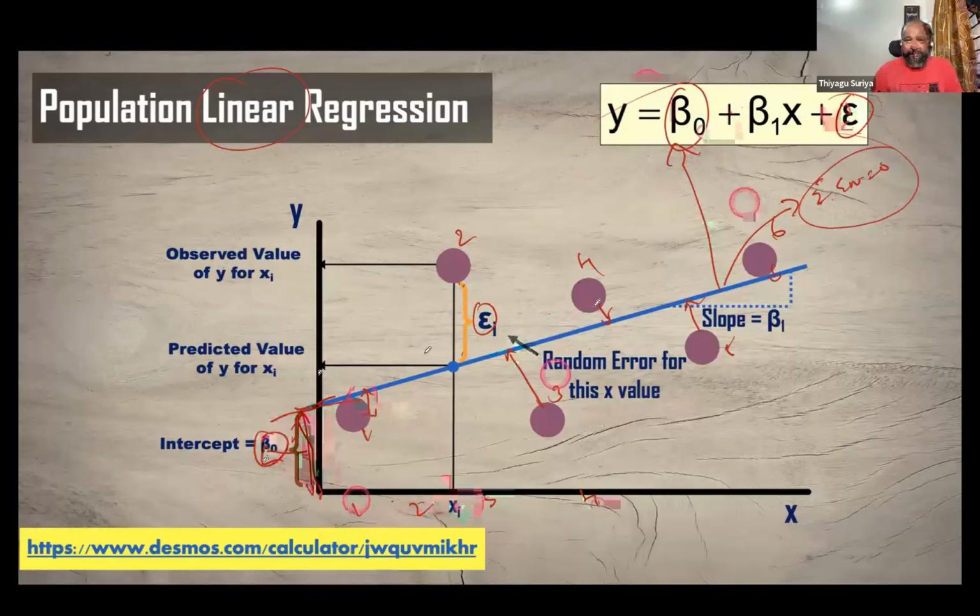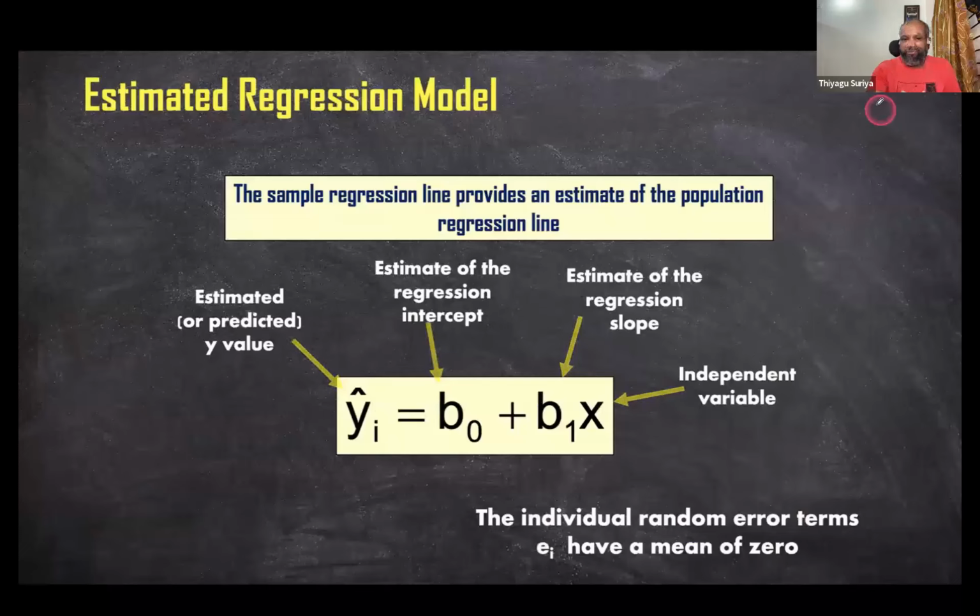When X is 1, it means 1 times B1. When X is 2, it means 2 times B1. This is called the coefficient of X. So the Y equation is Y equal to beta naught plus beta 1 X plus epsilon. Normally the error is not used in the equation, but we are using epsilon. This is called the regression equation.